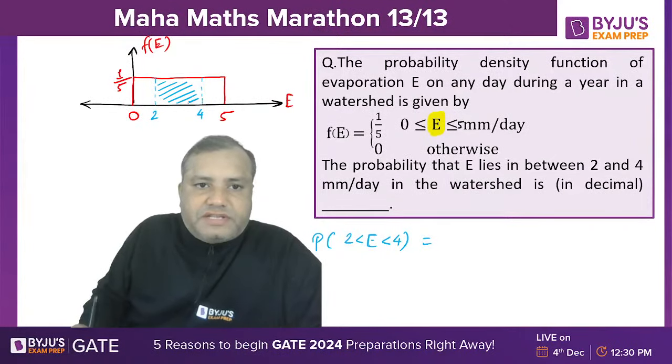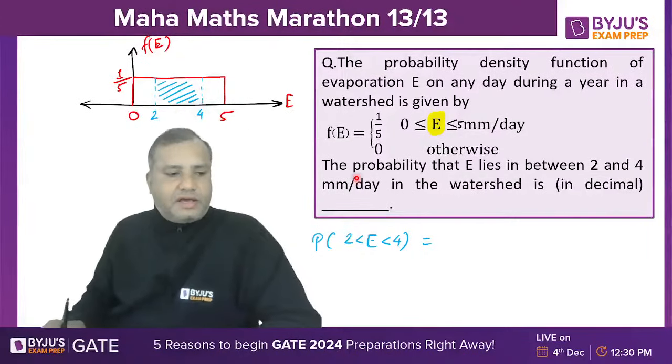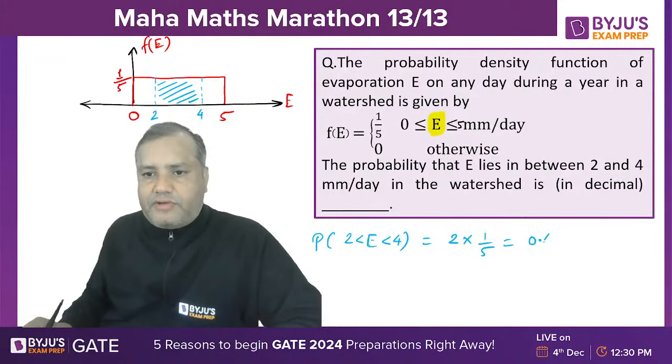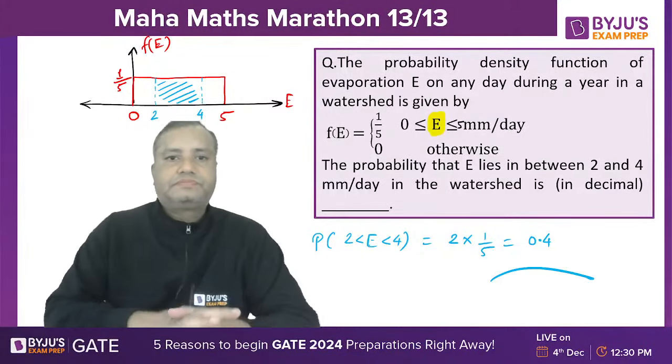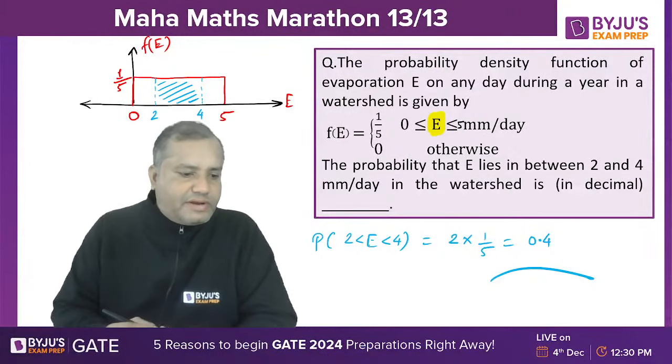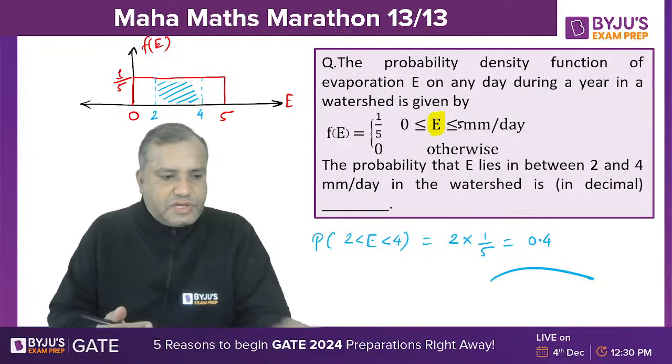Actually, we are expecting this area. So this area is the required probability. So 2 is the width and 1 by 5 is the height. 2 by 5, that is 0.4. Comfortable everyone? Yes, Amir, absolutely correct, beta.